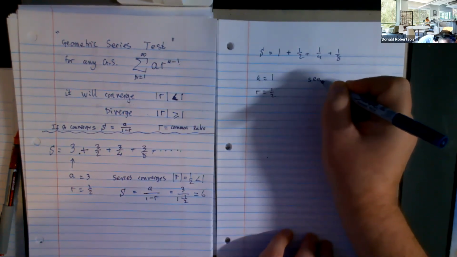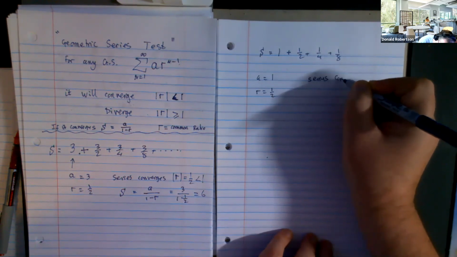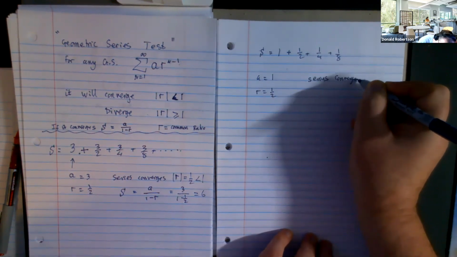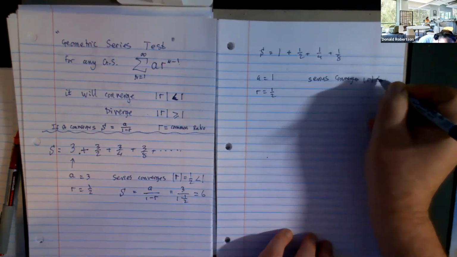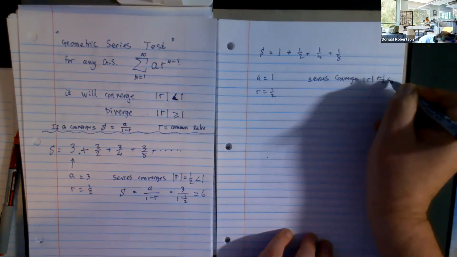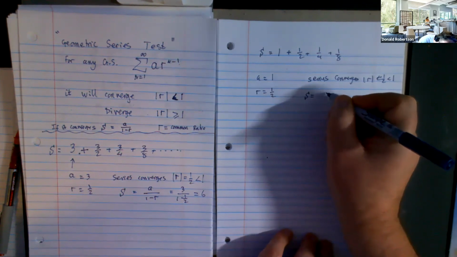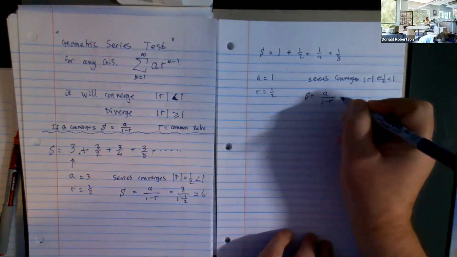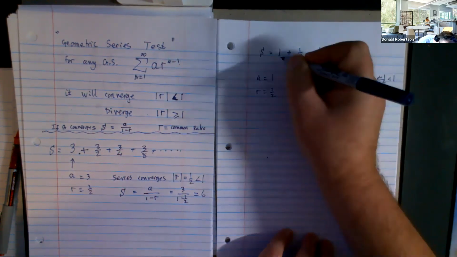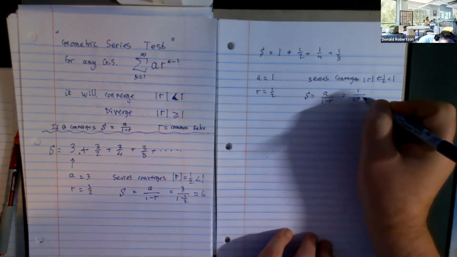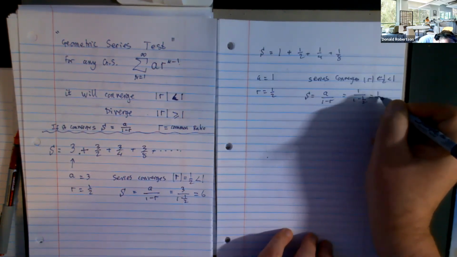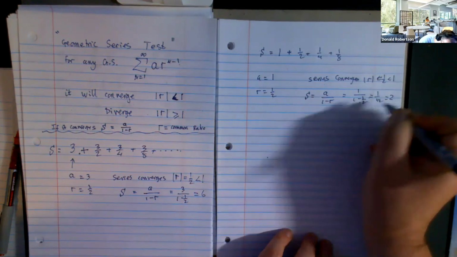This series converges because that guy is less than 1. And what does it add up to? The series adds up to a over 1 minus r, 1 over 1 take away a half, 1 over a half, it adds up to 2.